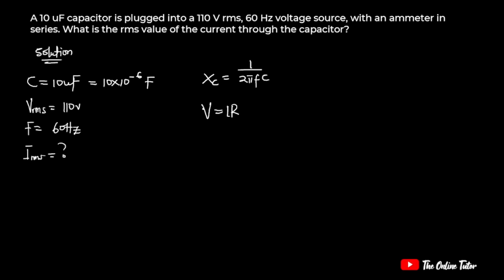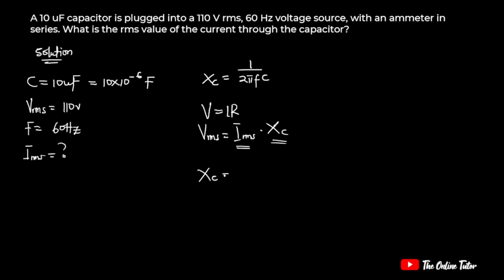But in an alternating current, our voltage becomes our root mean square voltage, our current becomes our root mean square current, and our resistance, because we are dealing with a capacitor in this case, becomes our capacitive resistance, XC. So to find the root mean square current, we need to find the capacitive resistance for the circuit. So let's find that first.